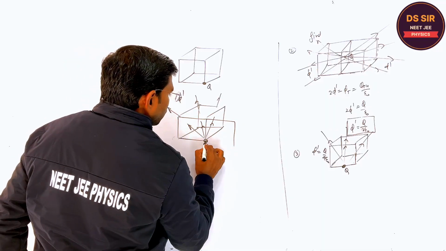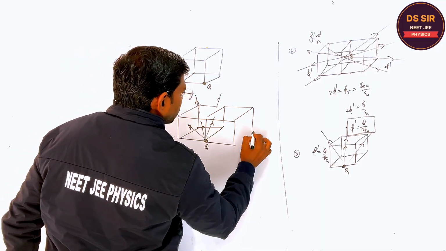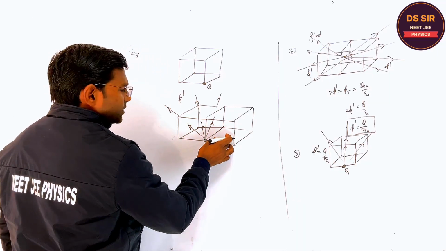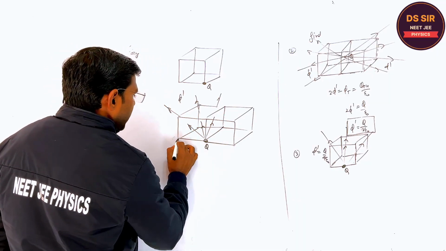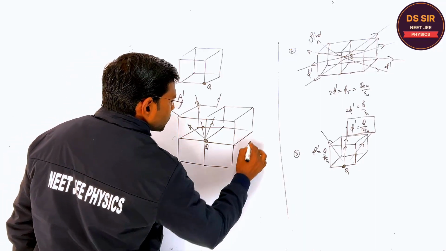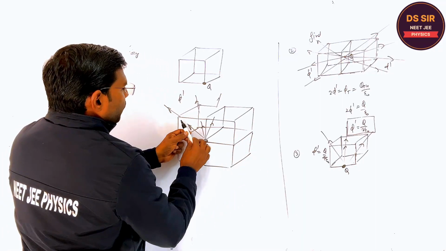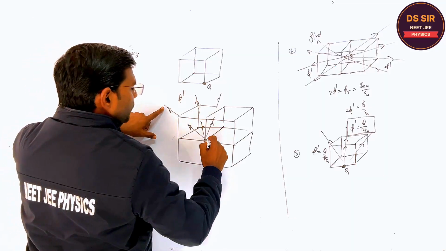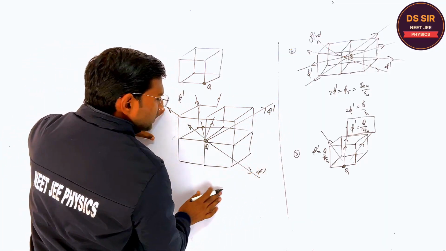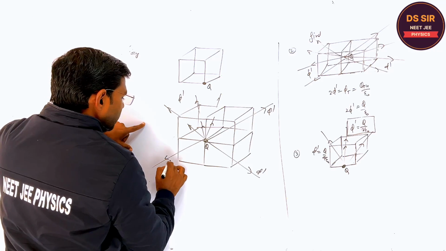You can assume one cube in its right neighbor, and one cube just below this. So phi dash is linked with this face, this cube, and this cube.